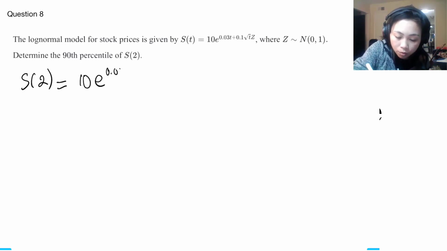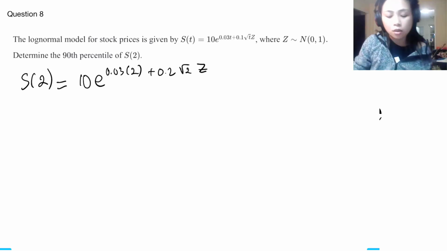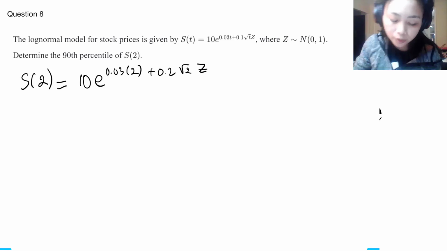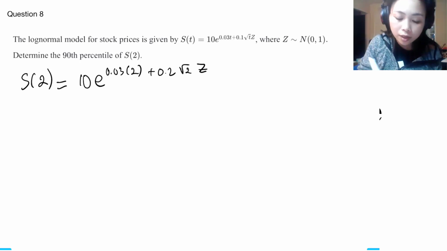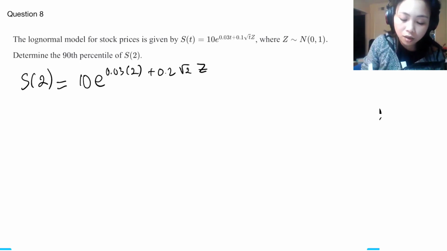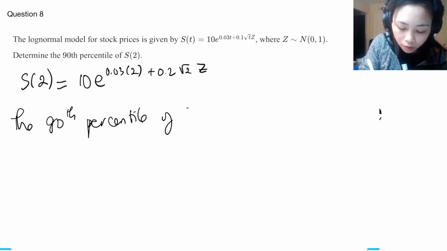Because basically the percentile here separates the lower 90% and the upper 10%. You see that? So the area to the left of the little z under the standard normal curve should be 90%, right? So little z here is basically just phi inverse of 0.9. You see it? And we are going to use the z table, right?